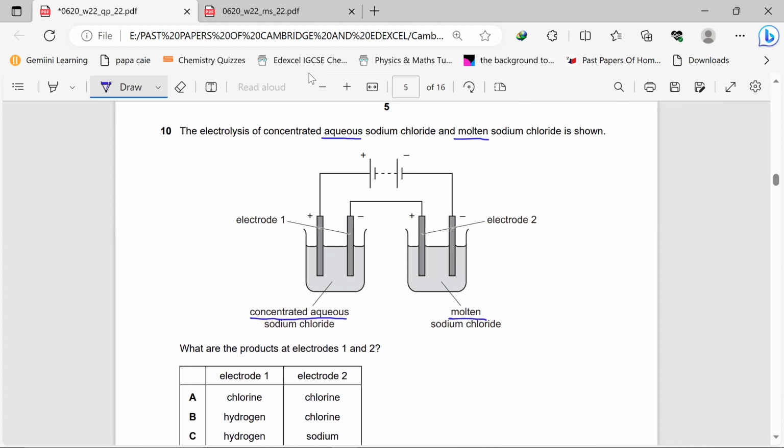So we know in molten sodium chloride, what are the ions present? You have sodium ion and chloride ion. And in aqueous sodium chloride, which is concentrated, what do we have?